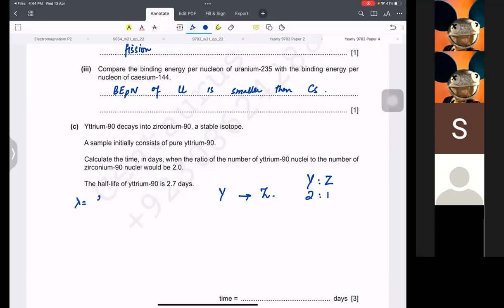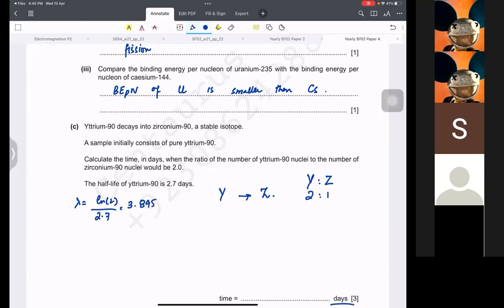Lambda will be ln2 over 2.7. Can you find this? What might this be? 3.895. Sir, we won't convert 2.7 into days? It doesn't come directly in days. 3.895. Okay.